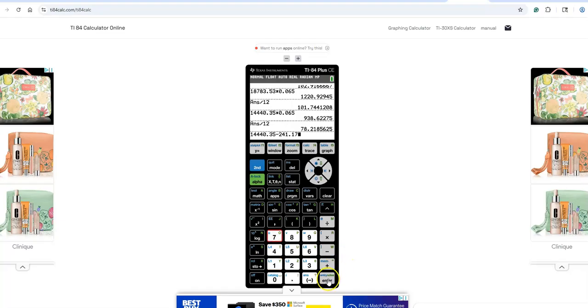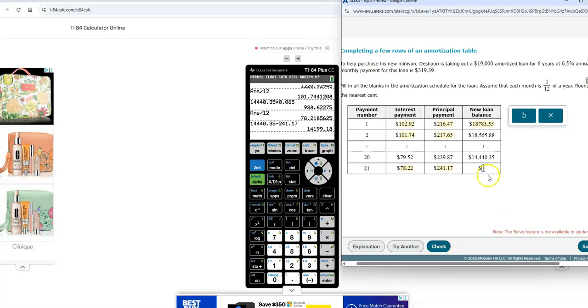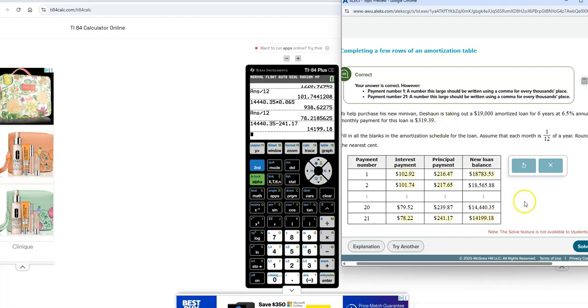This 241.17, you remember, is our payment towards principal. So now we're going to write down here this new balance at the end of month 21. Make sure you copy the digits correctly and check your answer.